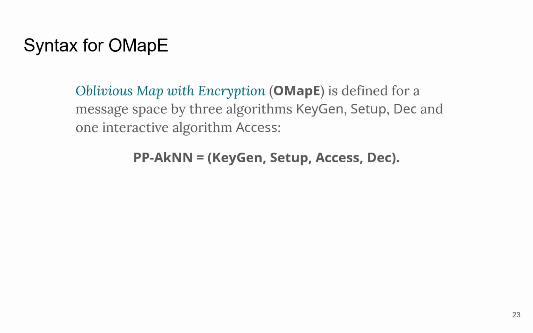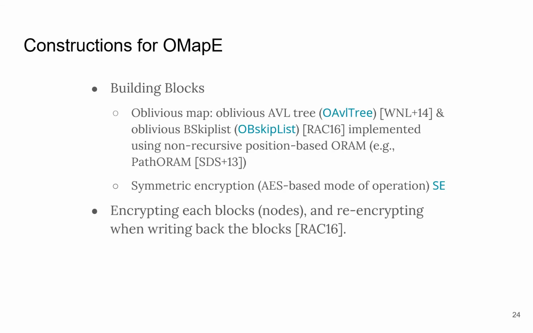We briefly discuss the syntax for Omap-E, which is used in later discussion. So Omap-E is defined for a message space by 3 algorithms: key generation, setup, decryption, and one interactive algorithm access that supports standard map operations, including keyword lookup, add, and remove. We show that we can build Omap-E using oblivious map together with an NCPA-secure symmetric encryption scheme.